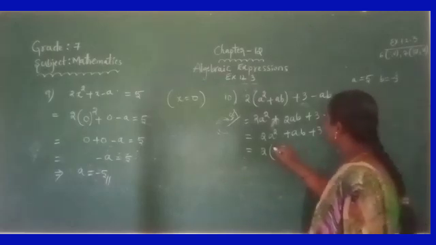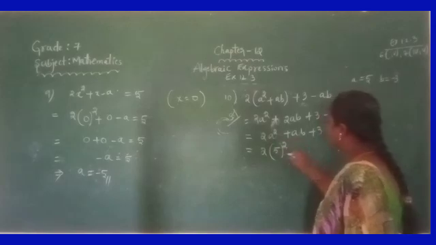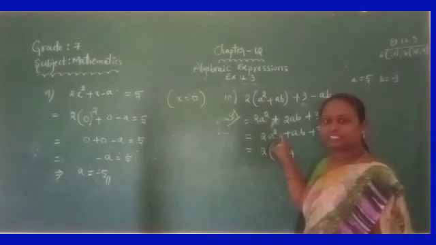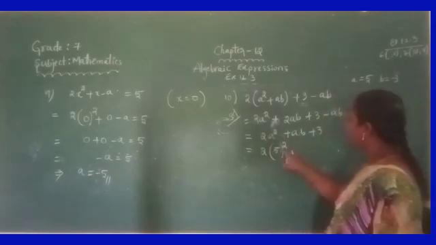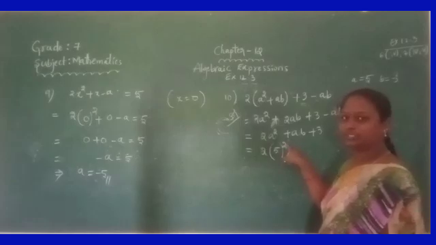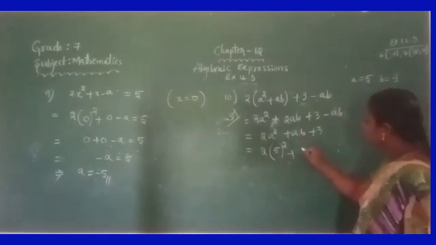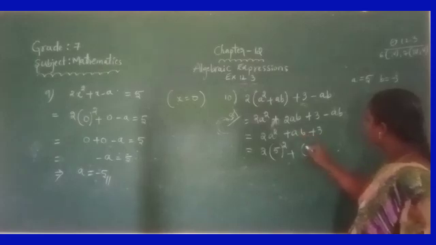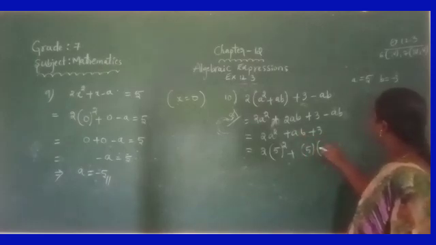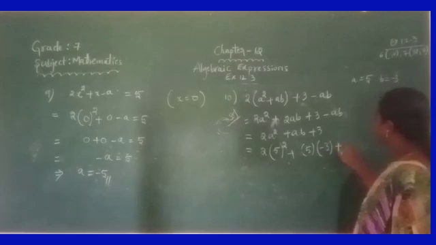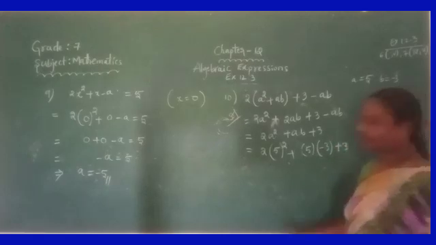A is 5, 5 square. This one is a square, 5 to the power 2. Simply we can say 5 square. Plus AB: here A value is 5 and B value is minus 3, plus 3.